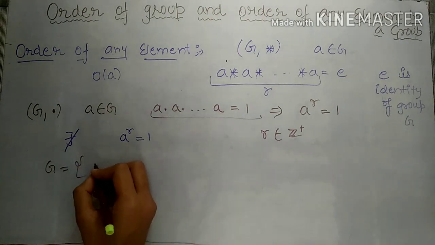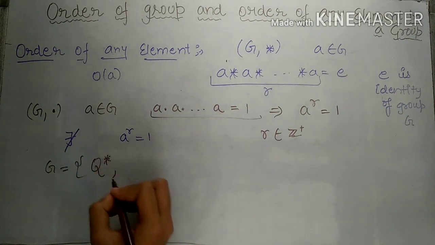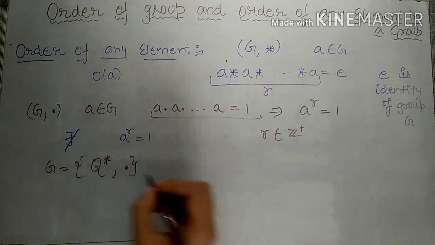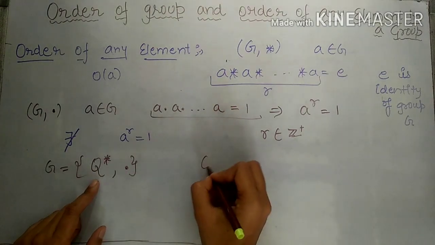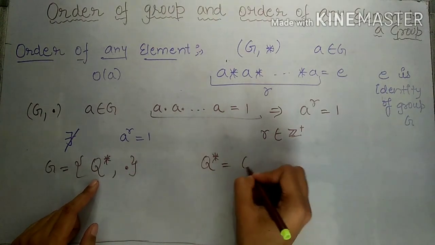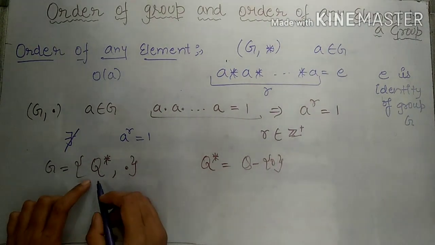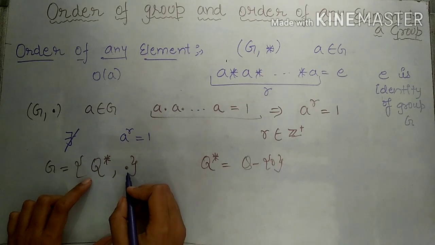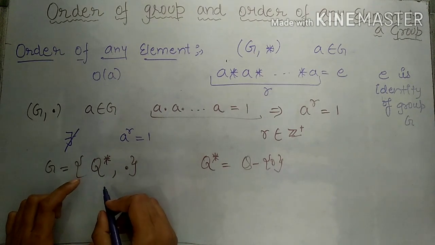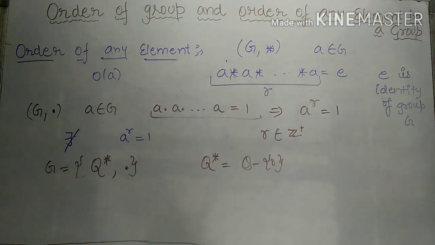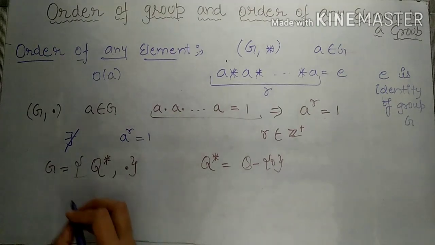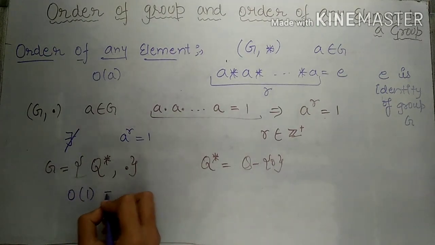If we take any group Q star under the binary operation of multiplication, where Q star is set of rational numbers with 0 absent. We know this set forms a group under the operation of multiplication. And if we talk about order of any element in this set, like if we talk about order of 1, what will be order of 1?